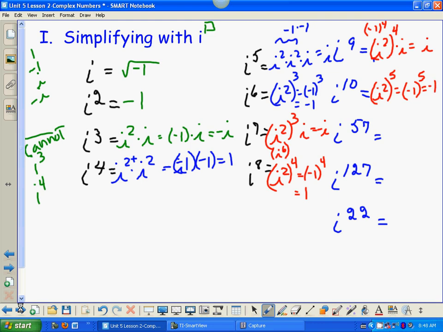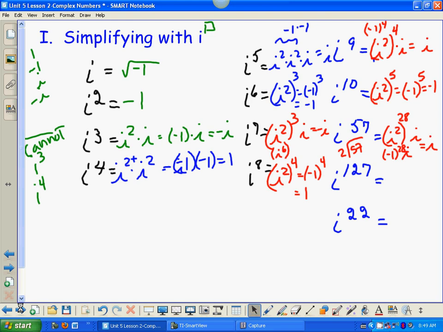When you're doing i to the 57th, I don't know that I want to keep doing this pattern, but I can think to myself, 57 divided by 2 gives me 28, and that gets me to 56, and I need an additional i. Well, isn't a negative number being raised to an even power of 28 going to make it positive? So this is going to be a positive i.